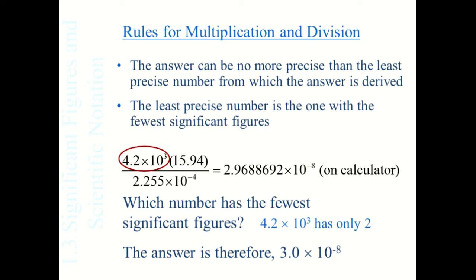Okay. So 3.0 times 10 to the negative 8. Okay? Because that's what it came out to be. Alright. That's mostly what you're going to be doing.